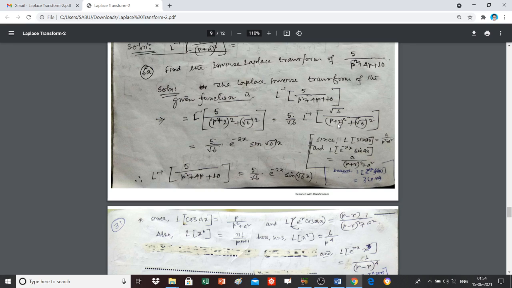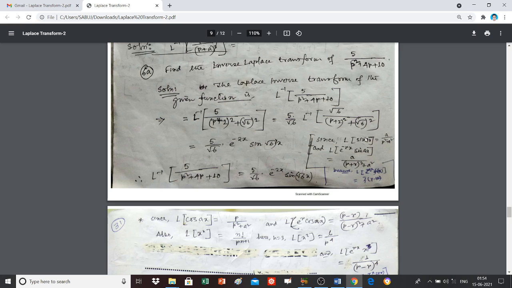From this relation you can write 5 by square root 6 here, and since r is equal to 2, e to the minus rx, that means e to the minus 2x, will be there, and then sine, because in this case a is equal to square root 6, so sine square root 6x.